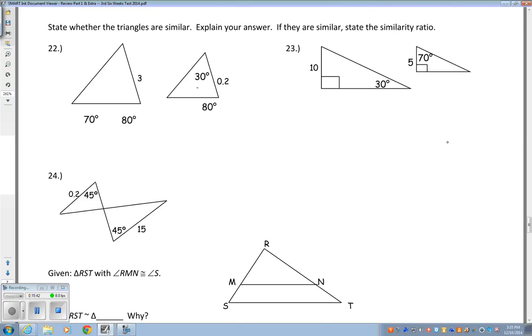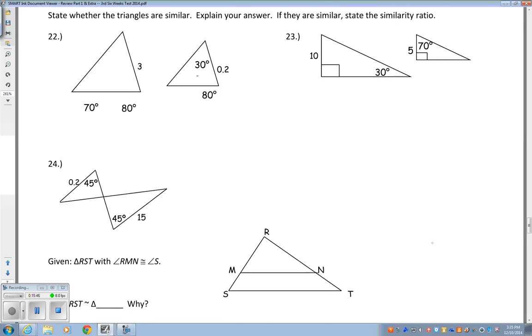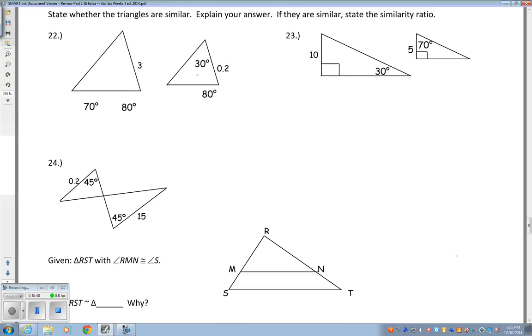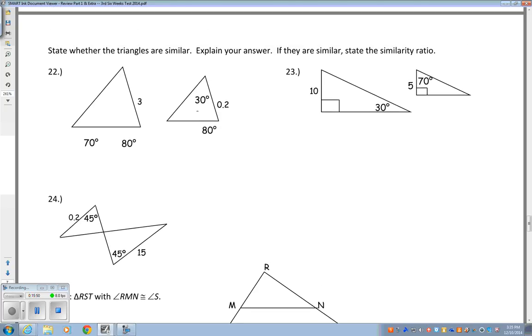All right, omit 22. Let's talk about a couple right now to make sure you can do them. You are going to omit 22, circle 23 and 24, because we're going to do those right now. We're going to check to see you can reason and get them right.